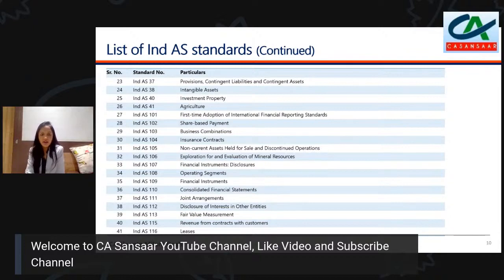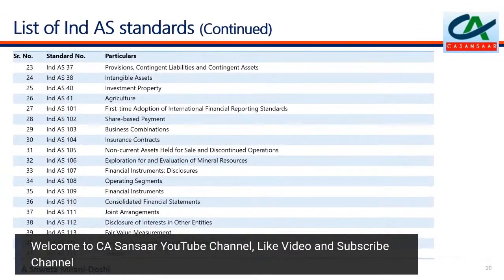Under your accounting standards, you didn't have a fixed standard on this. You only had a guidance note issued by ICAI. But here, under Ind AS 102, you have a specific standard called share-based payments. Which is the most important difference?